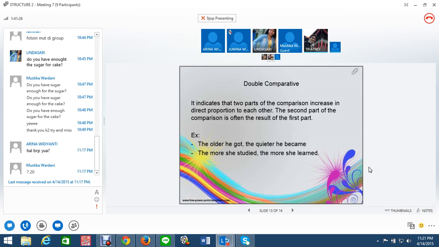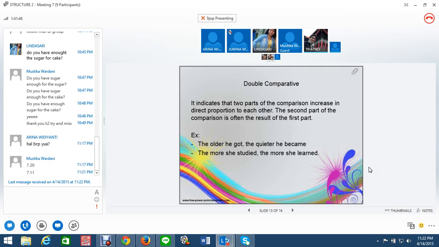Okay, next, double comparative. Let's move back to page 711. So double comparative indicates that two parts of the comparison increase in direct proportion to each other.